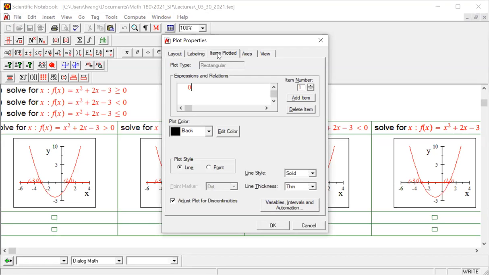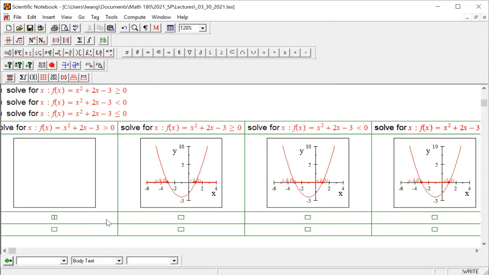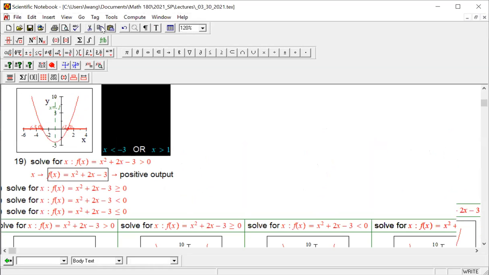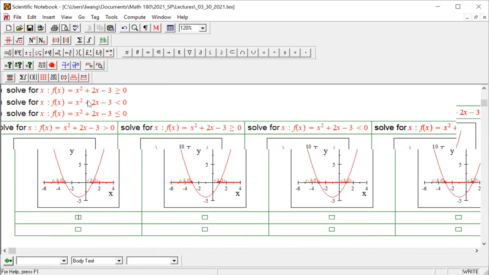The next question is, do you know how to express the solution algebraically? The picture we understand, right? But how do we express it algebraically? We have the solution for the first one, number 19.